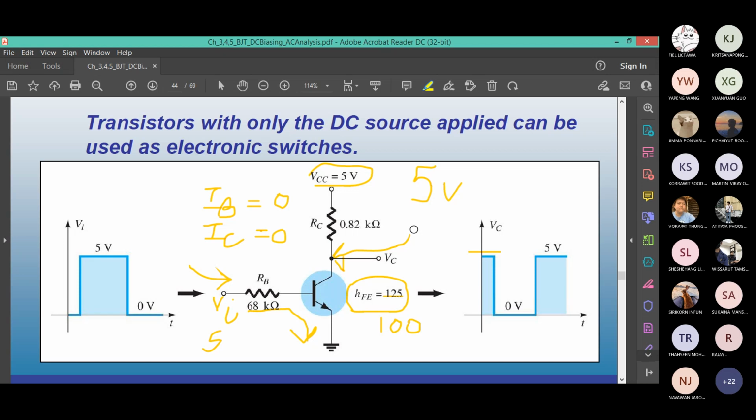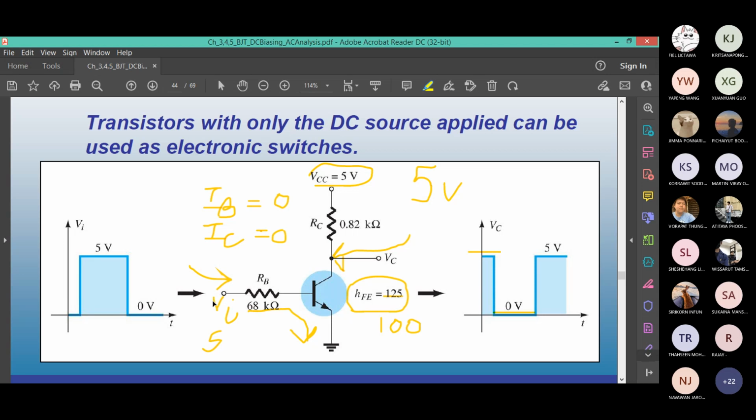The idea is that the value you get for VC is small enough to be a logic low level. When you have high input, there's a problem with this circuit design. The RC value should be less, or VCC should be high, or beta should be lower than this. If you take 90, maybe you will get a proper value, slightly over 0 volt, but it doesn't even go to 1 volt.